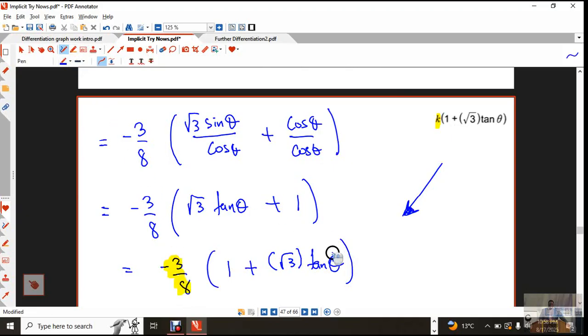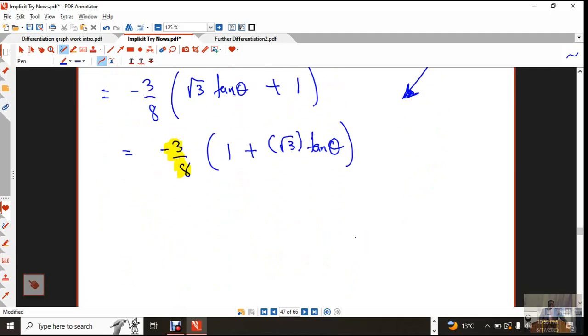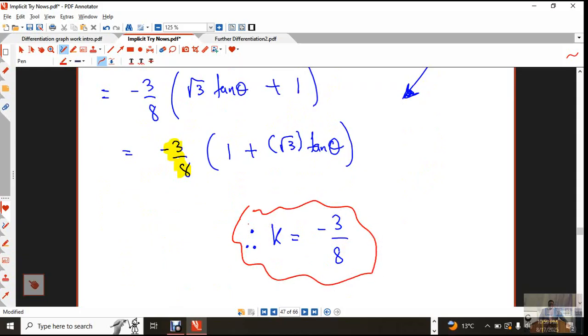So I can therefore conclude, therefore k is minus 3 over 8. Okay, it's quite a handful, but that is the solution to that one.